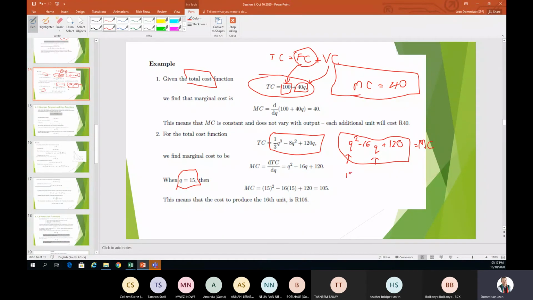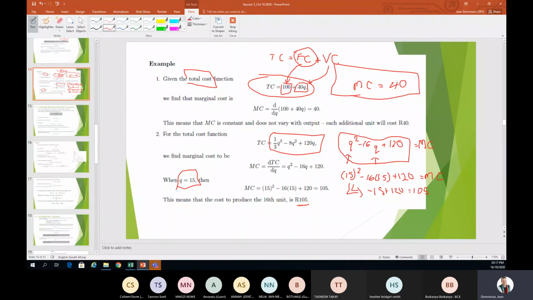So then it will be 15 to the power of 2 minus 16 times 15 plus 120, which will give you your marginal cost. So out of that, it is actually minus 15 plus 120, which will give you then a marginal cost of 105. Okay, so that will then be your marginal cost.